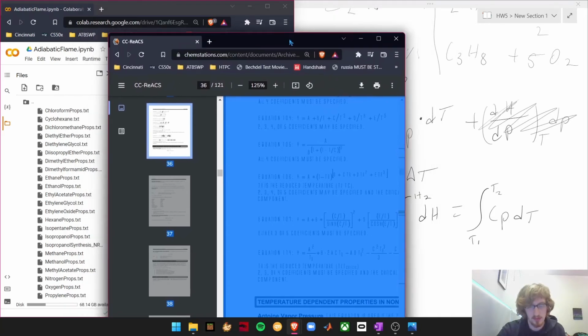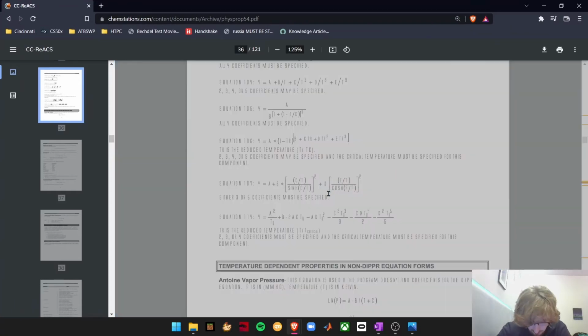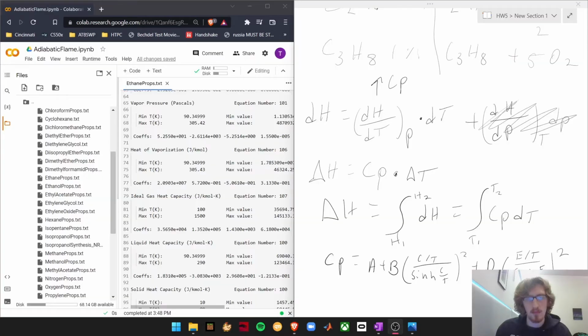It's a bit of a pain moving between this drawing tablet and my regular screen. But again, we're looking at equation 107. This is going to be our equation for the heat capacity, the equation that we're integrating. And once again, A, B, C, D, and E are going to be those numbers that we saw before in our ChE tools.